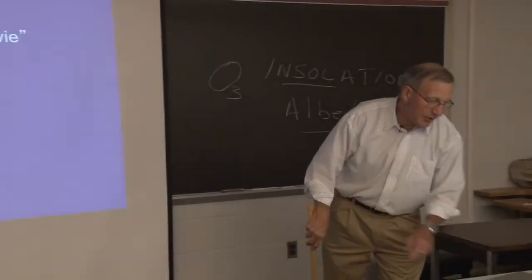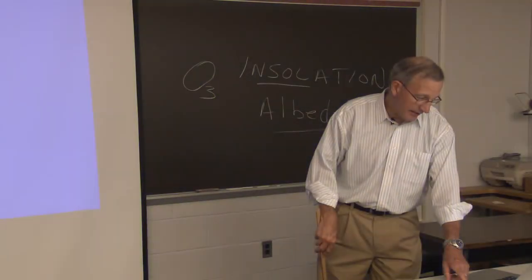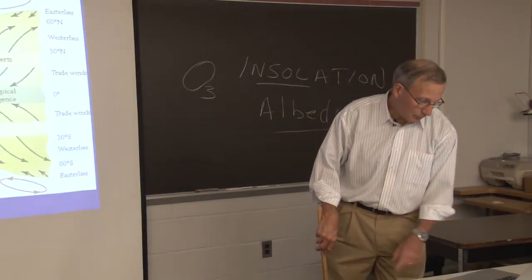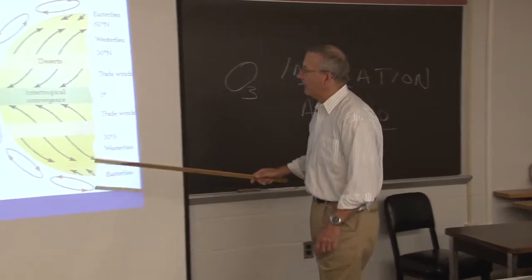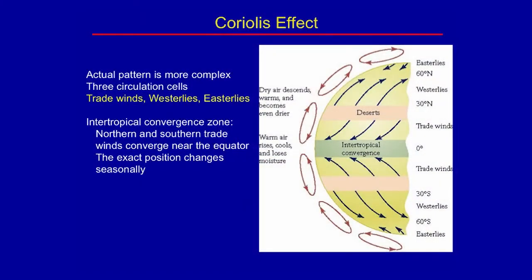There is a very good movie on the Coriolis effect called the Coriolis movie. Please watch that on the eCollege site. So again, the Coriolis effect helps control planetary winds. So these are those cells of rising air and falling air.